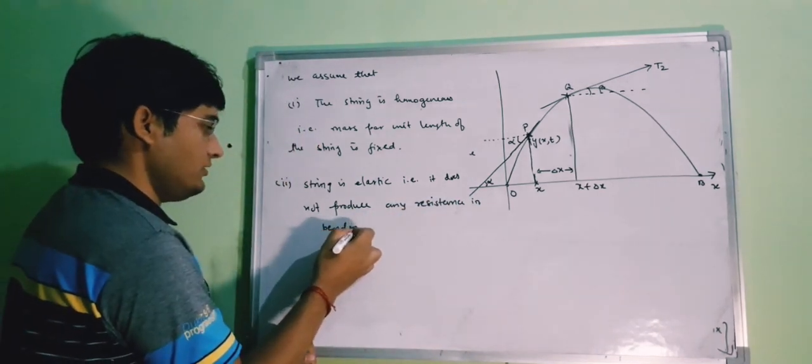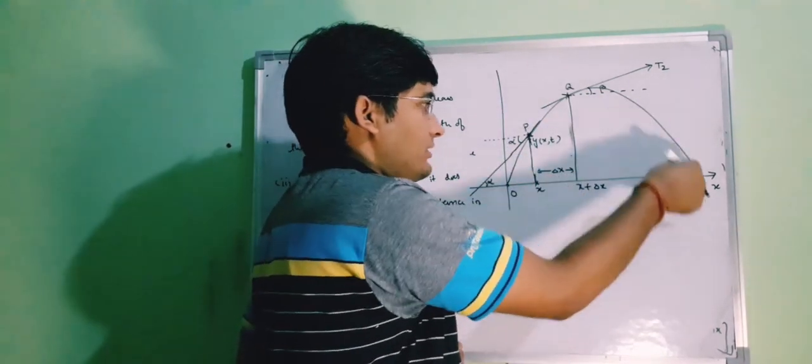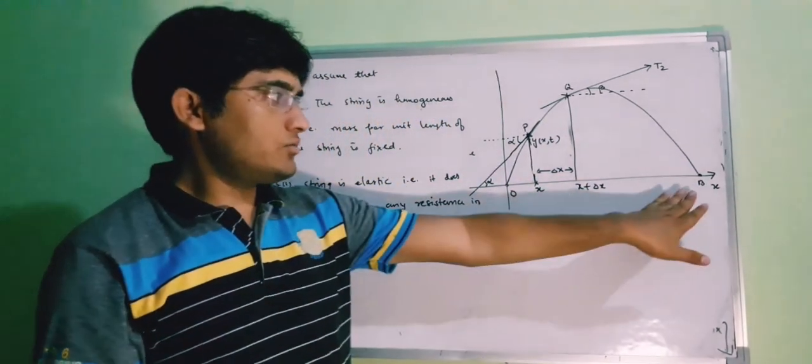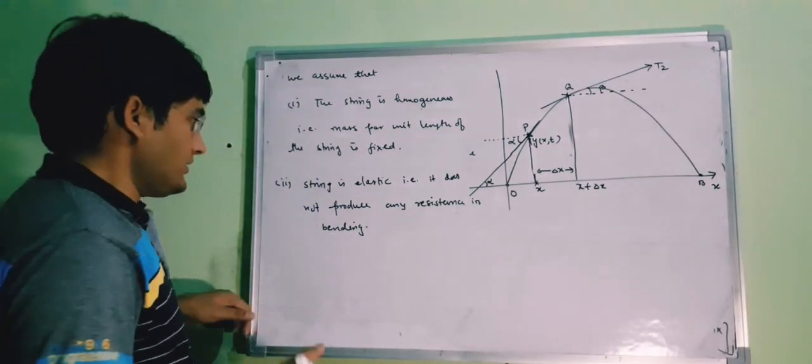That means you can bend the string, and if we can bend the string, then we can stretch it to the point B. So let us assume that the string is elastic.